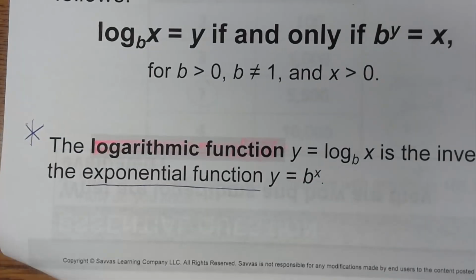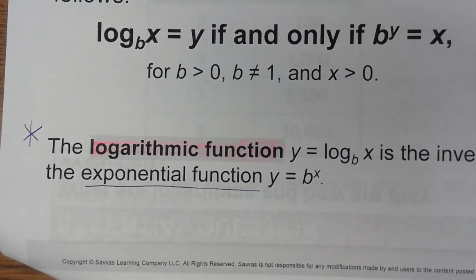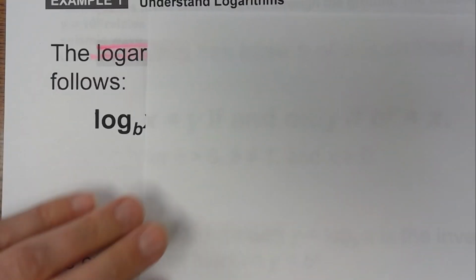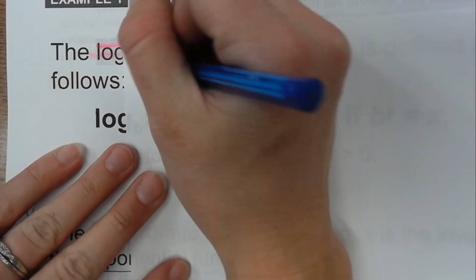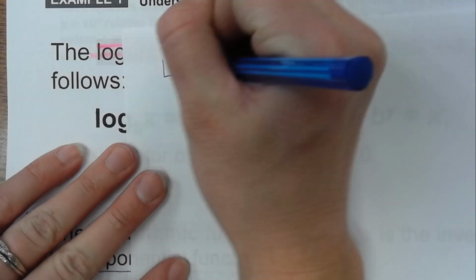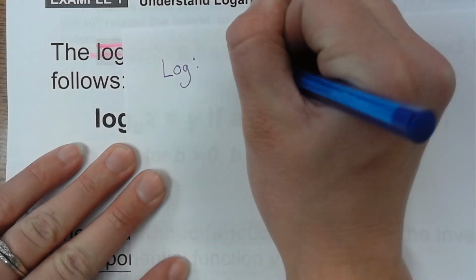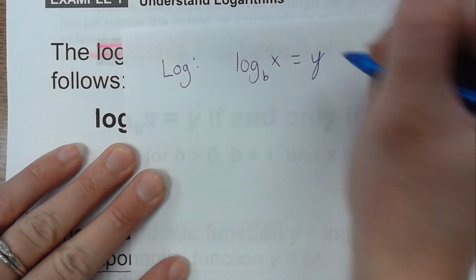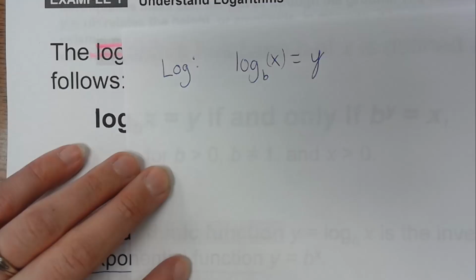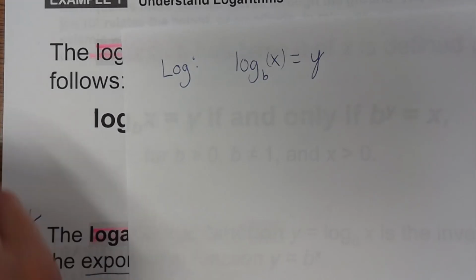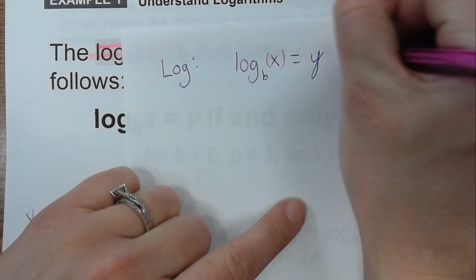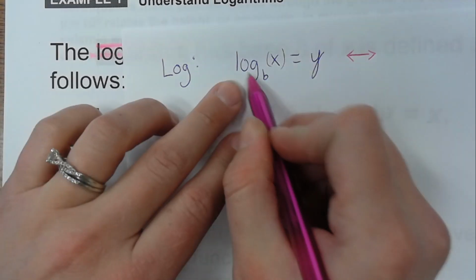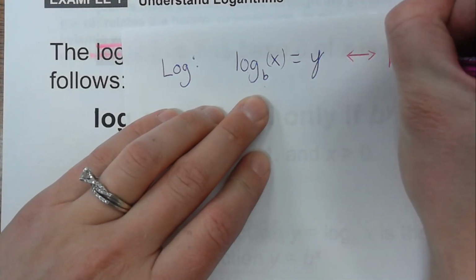Okay, so in your notes, what I want you to write is this. On your side notes, I want you to write log base b of x equals y. This x is in parentheses if you think of it that way. This is the same as, we're going to be able to go back and forth. So when I say log base b, b is my base, my bottom.